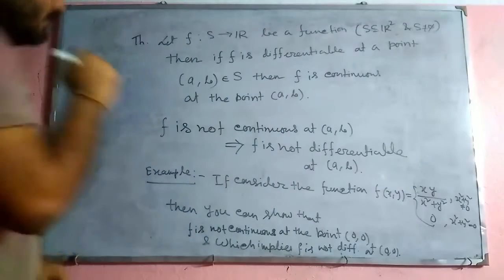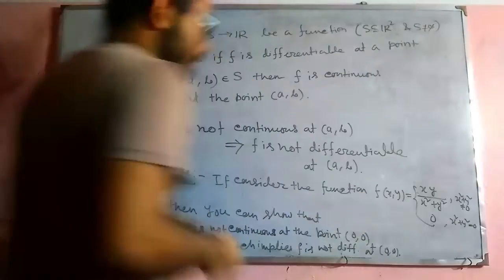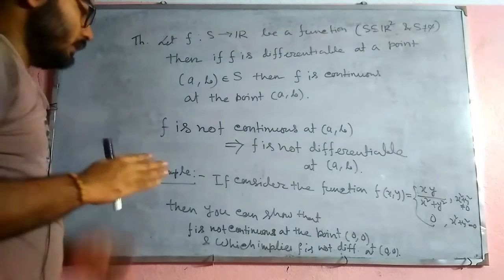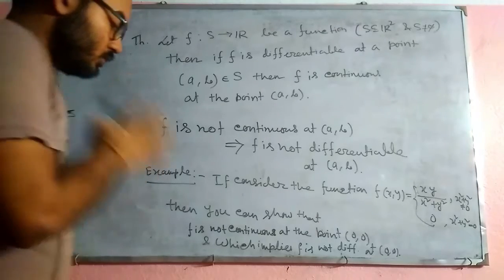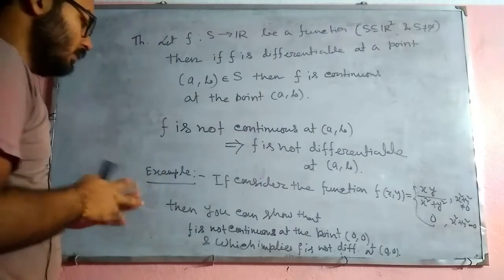If you are asked to show that f is not differentiable at the point 0, 0, then if you show that f is not continuous at the point 0, 0, then you are done.